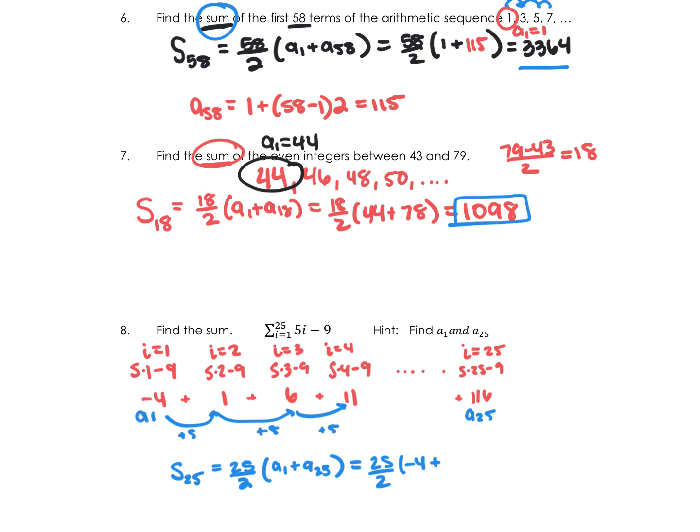So then go ahead and plug all that in and find your total sum. You should get 1,400 as your total.